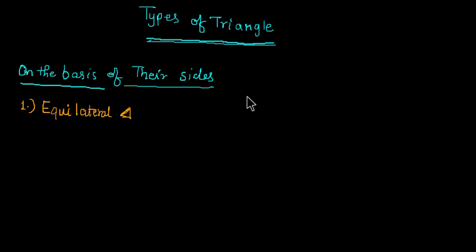If we draw a triangle whose all the sides are equal, we can say that this triangle is an equilateral triangle. Let's say this triangle is ABC. So if the length of side AB is equal to the length of side BC, which is also equal to the side AC, then we can say that this triangle is an equilateral triangle.